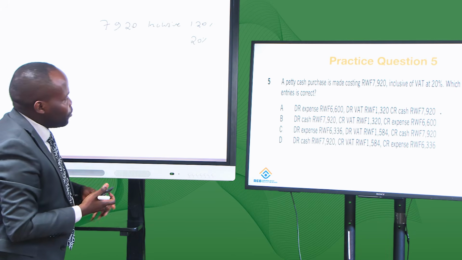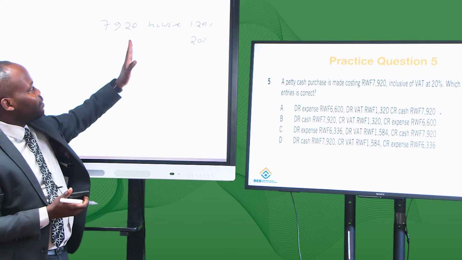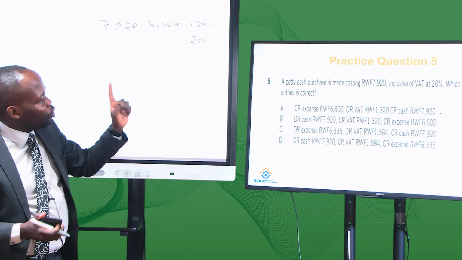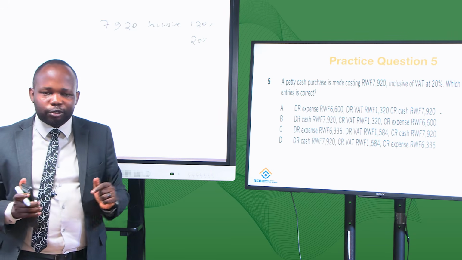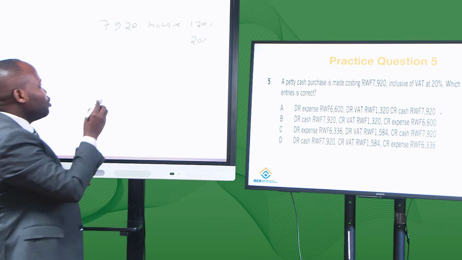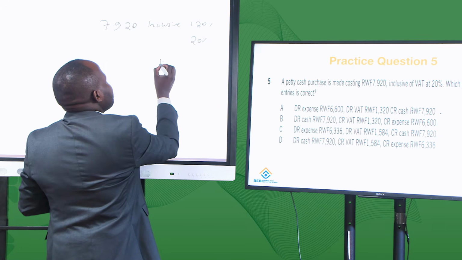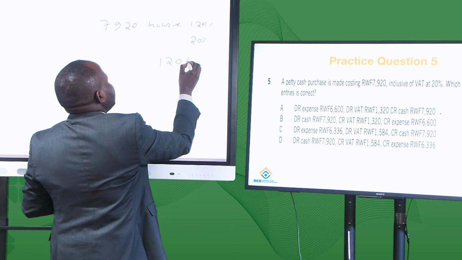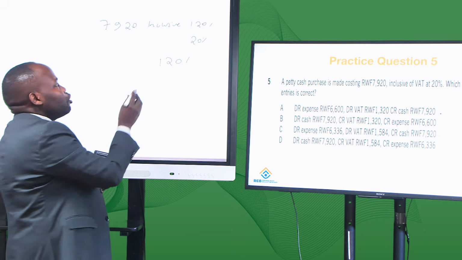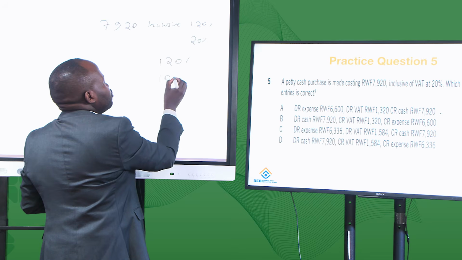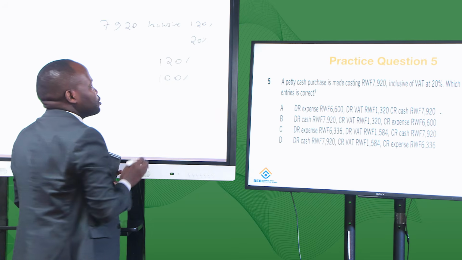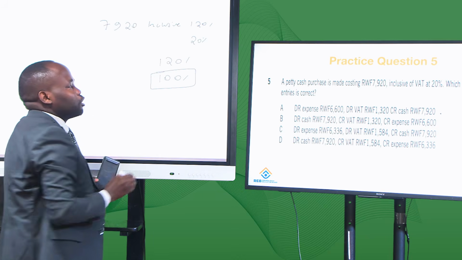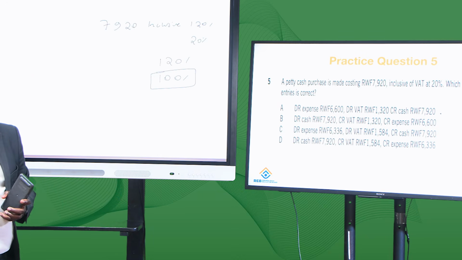Now, when we were covering the topic of VAT, we said that VAT is either inclusive or exclusive. VAT inclusive, if the VAT is 20%, adds up to 120%. Exclusive adds up to 100%. So if you've been told something is exclusive of VAT, the total should add up to 100%.